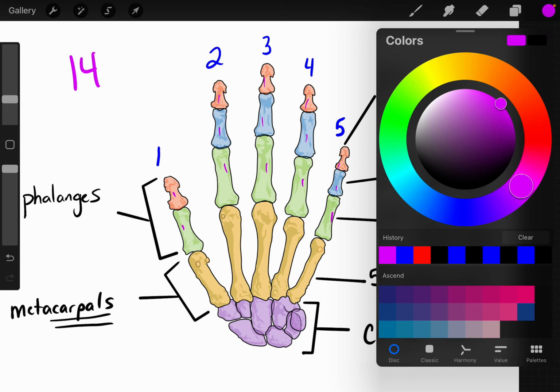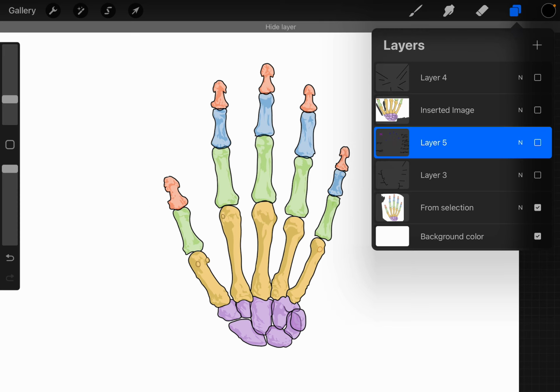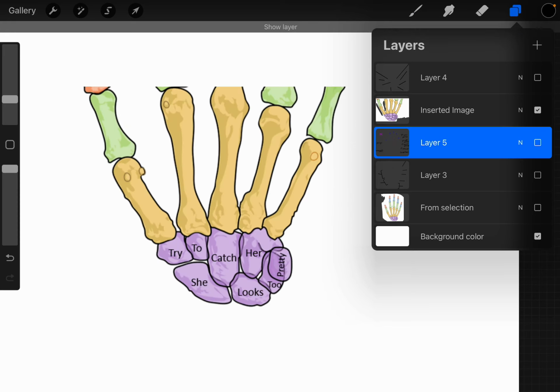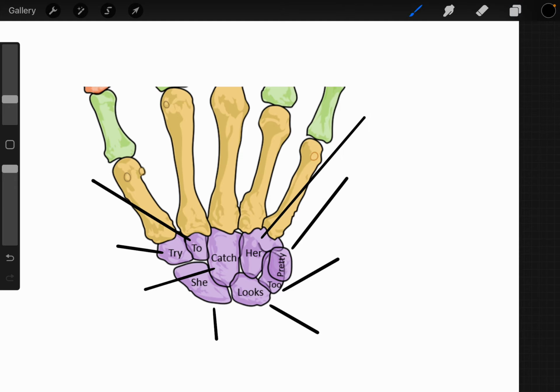Now we're going to transition into the specific carpal bones. Right here you've got a list of the carpal bones, and there's a mnemonic. In class we're going to come up with our own, but this can be one that you could use if you wanted to.